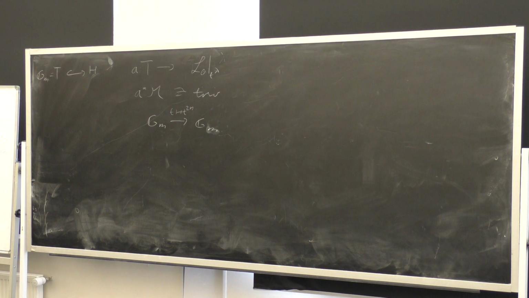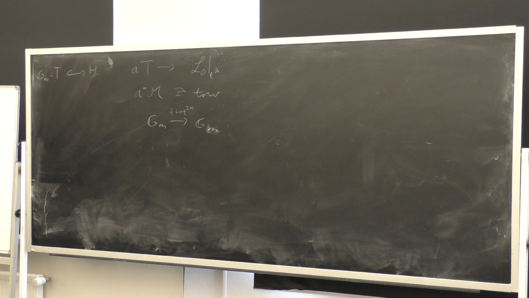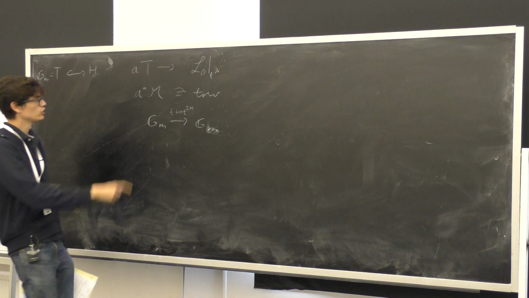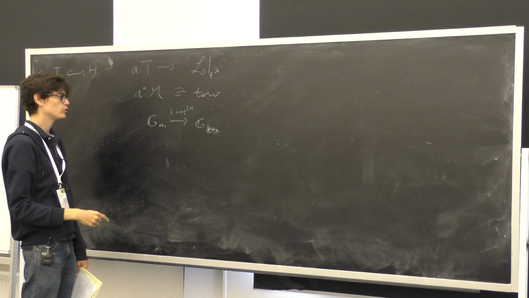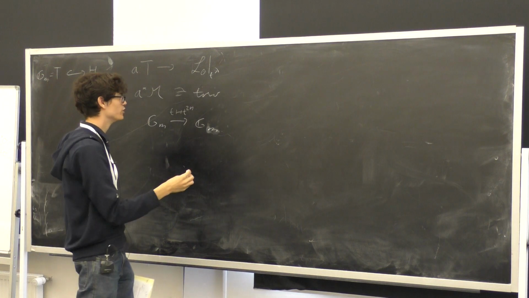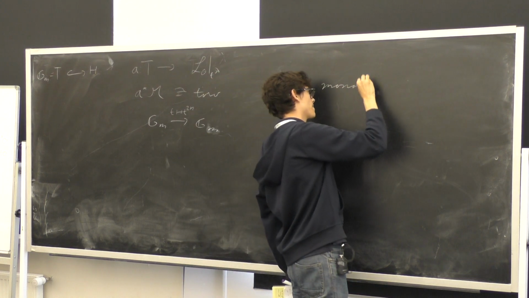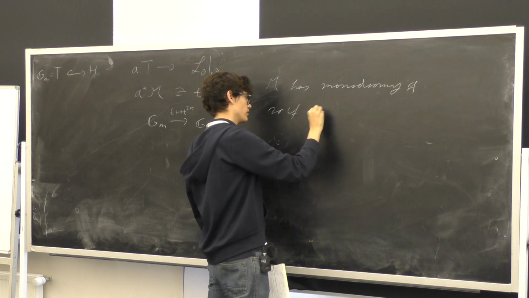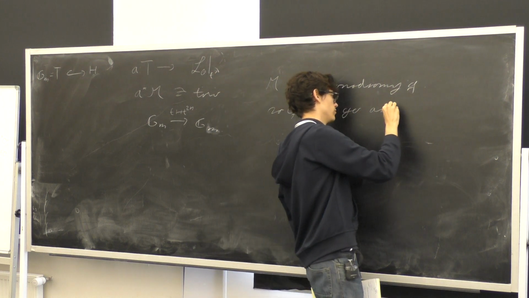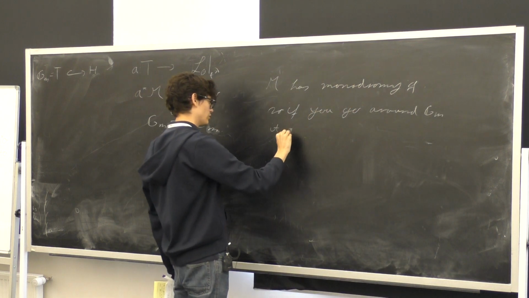But further, we know that this M has monodromy Q. So if we go around this G_m once, it gets multiplied by Q. So if it goes around this G_m 2n times, it gets multiplied by Q to the 2n.